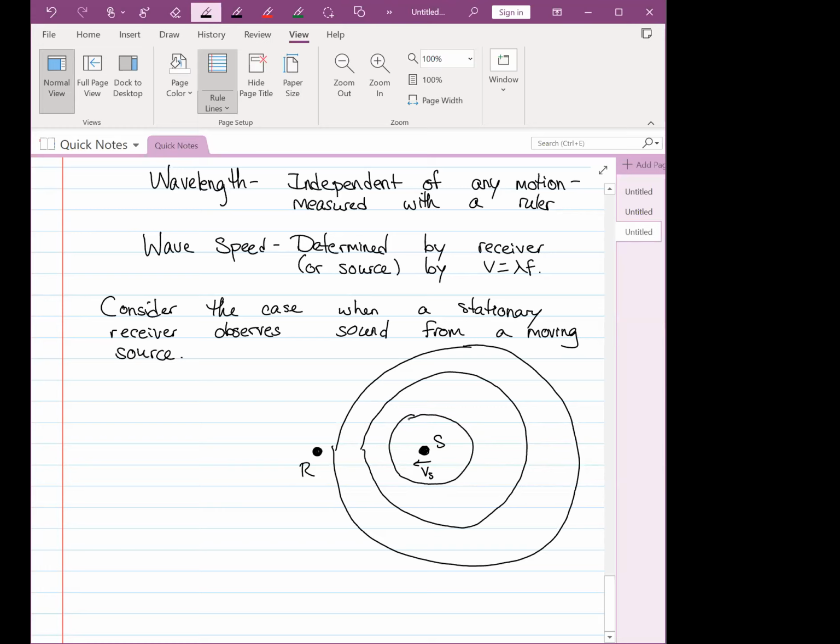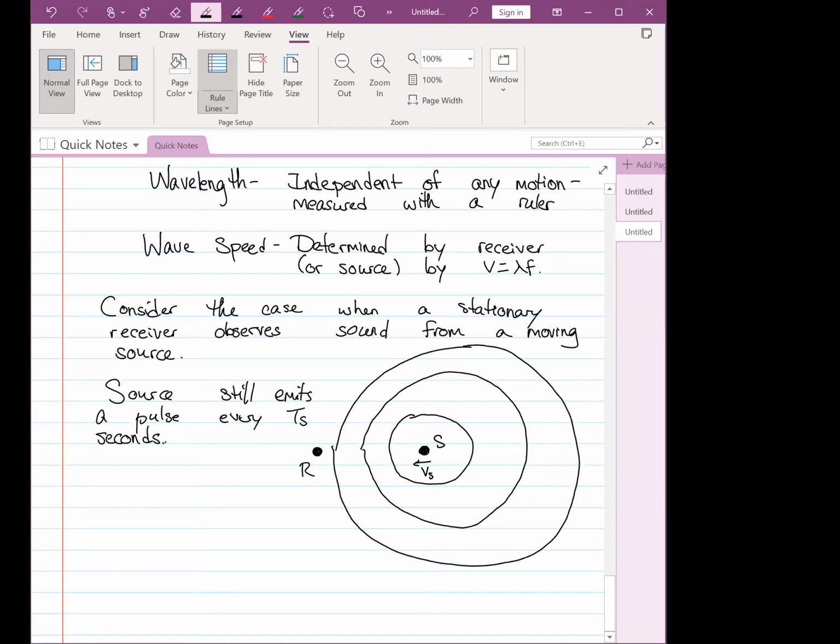In this case, the source still emits a pulse, like if they looked on their watch, they would emit a pulse every t sub s seconds, t sub s being the period used by the source.